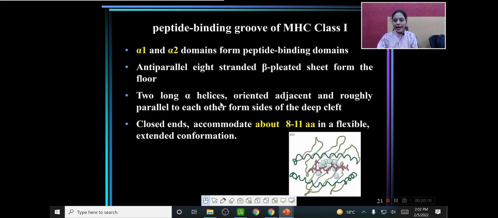Two long alpha helices oriented adjacent and roughly parallel to each other form the sides of the deep cleft. Closed ends accommodate about 8 to 11 amino acids in a flexible extended conformation.